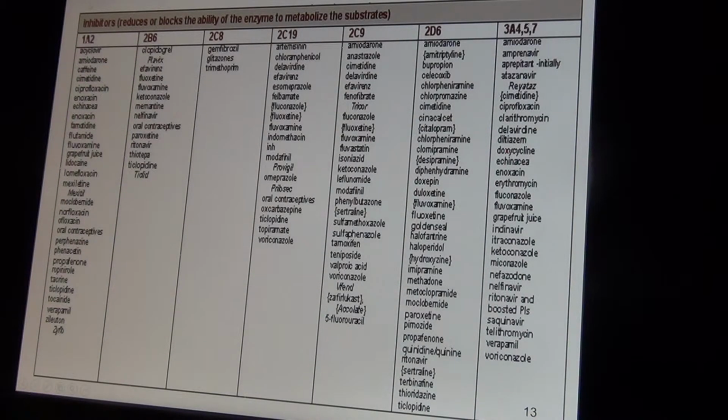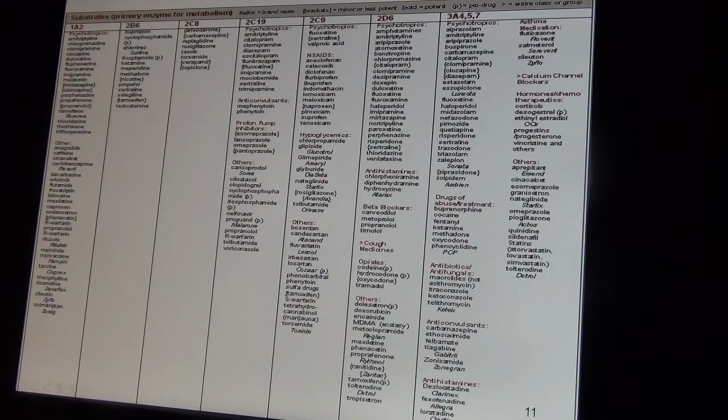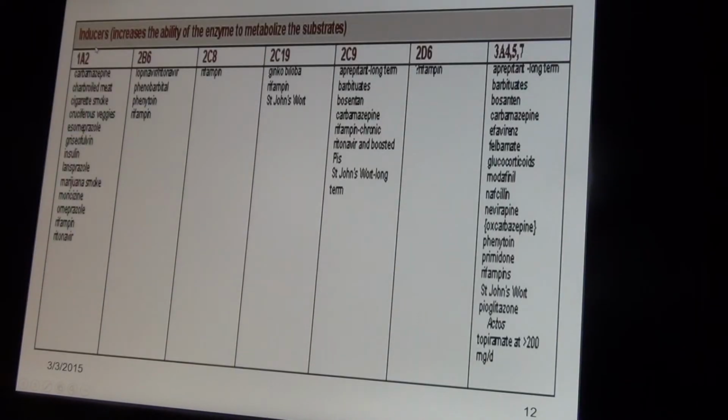And then we have the inhibitors of the enzymes. The inhibitors reduce or block the ability of the enzyme to metabolize the substrates. For example, acyclovir will inhibit CYP1A2, and when you inhibit that, if the patient is on amitriptyline, the levels of amitriptyline will be high for a longer period of time compared to if you don't have the inhibitors.